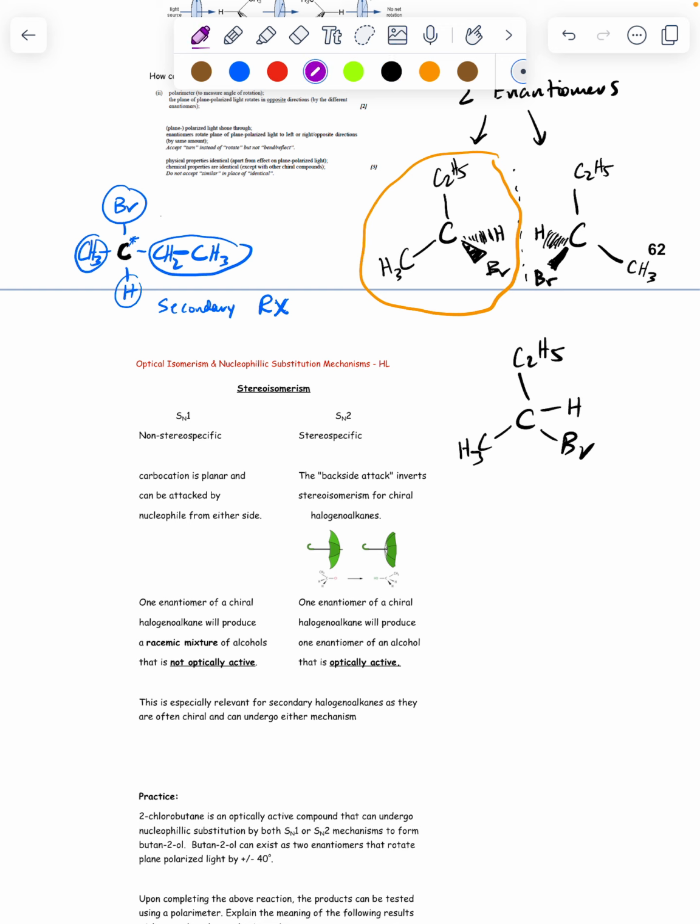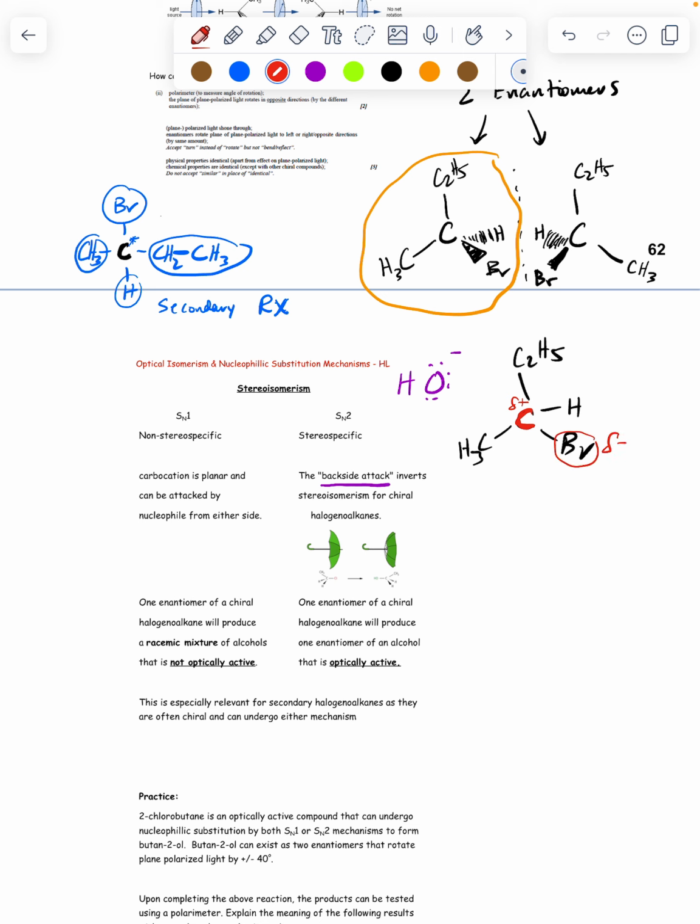And so if the nucleophile is attacking this molecule, the SN2 mechanism always has what's called a backside attack. It's always going to attack this carbon atom here, because this carbon atom is a little bit positively charged and this halogen atom is a little bit negatively charged.